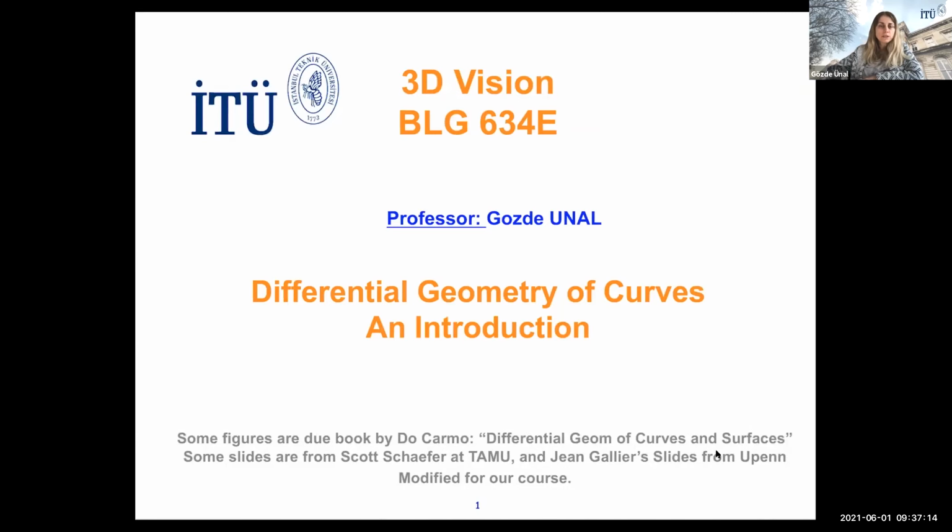Also, because I was working on deforming curves and surfaces over images for segmentation, for tracking, later for medical or anatomical objects modeling. I was really into this. I really thought this is important. I think it's gonna be a good background knowledge for you too. That's why I thought at the end of this course, the last 1 or 2 weeks, it's a good idea to go over this together.